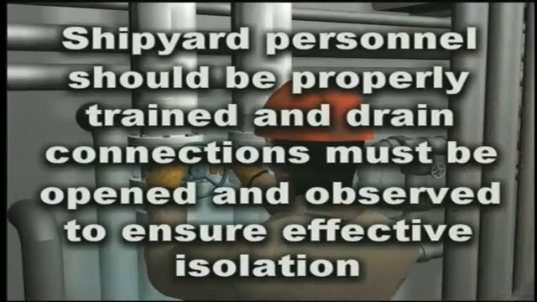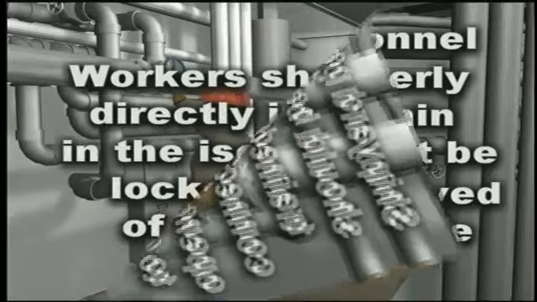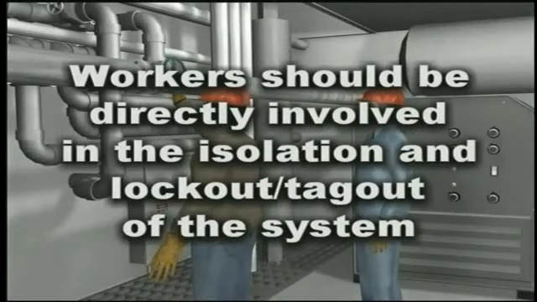Shipyard personnel should be properly trained to conduct a visual check of all drains and valves in a steam system that is to be drained and depressurized. Drain connections on all dead interconnecting systems must be opened and observed to ensure effective isolation. Employees authorized to perform steam system repairs should be directly involved in the isolation and lockout-tagout of the system.